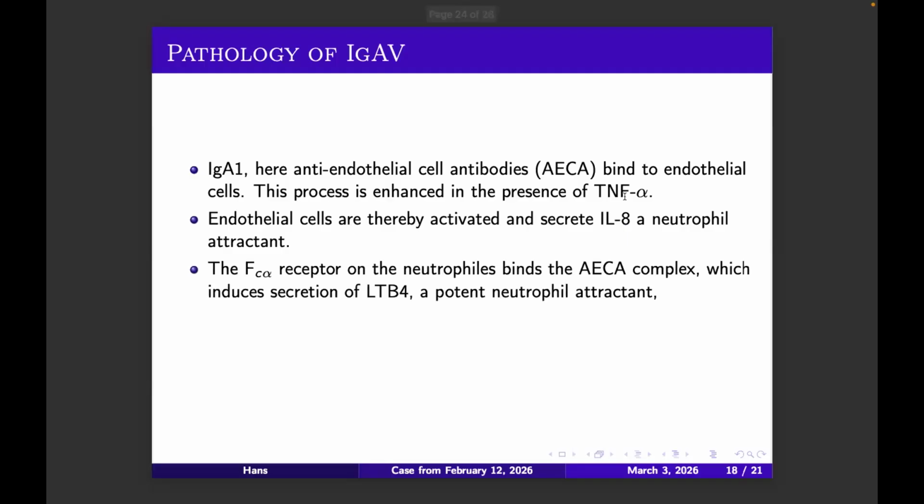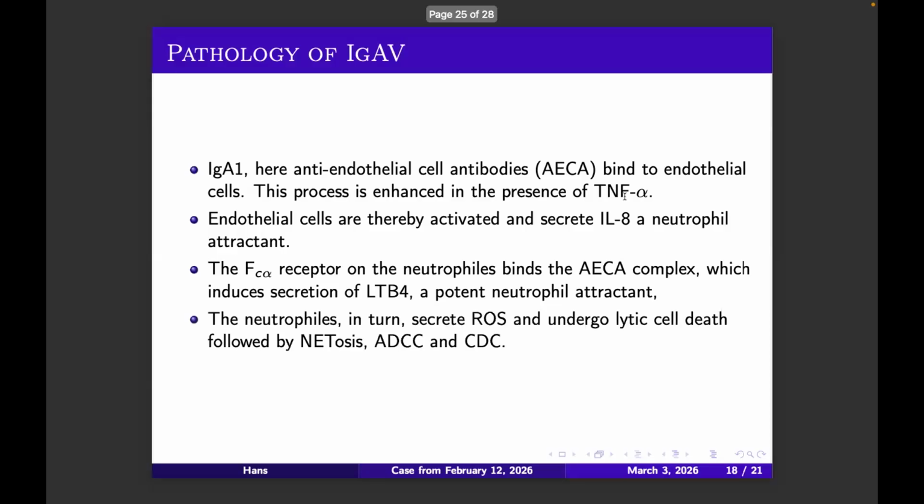And of course, these neutrophils then interact with the constant part of the antibody. They are then in turn activated, and then they release leukotriene B4, which is a potent neutrophil attractant. So even more neutrophils come into play, and these neutrophils, and they are really active, secrete reactive oxygen species.